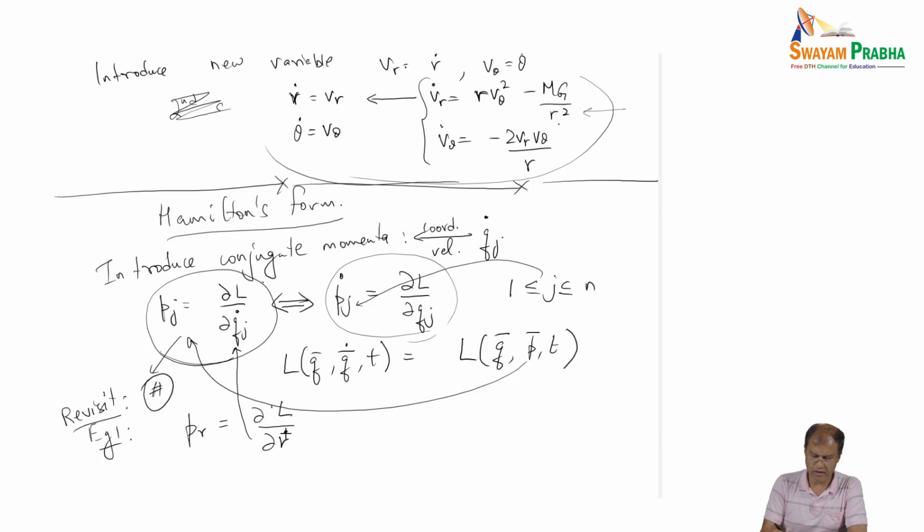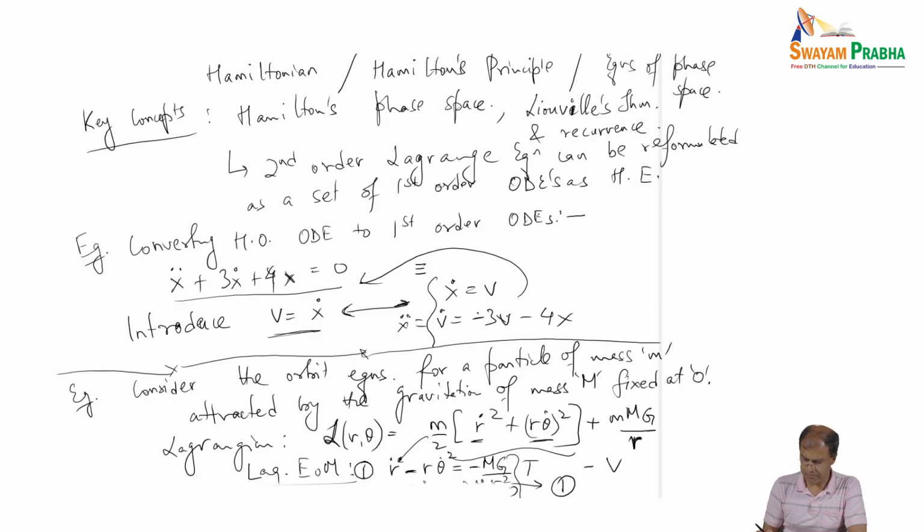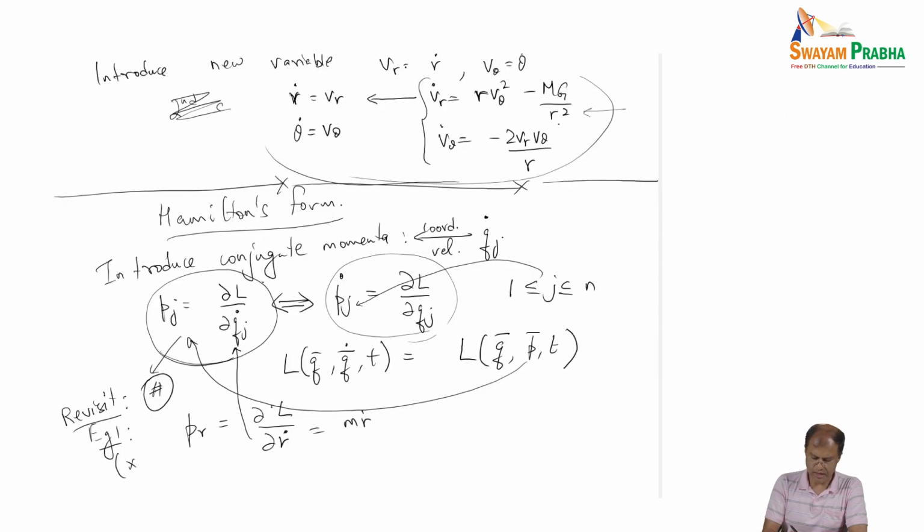With this definition here, we see that this is m r dot, right? So L in the first example was the following here. In this example, let us say this star, we have differentiated with respect to r dot, so this is from star here.